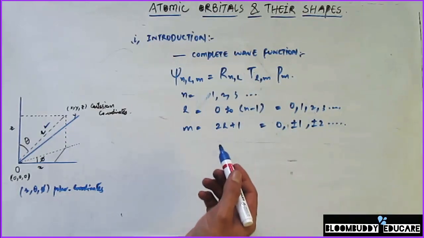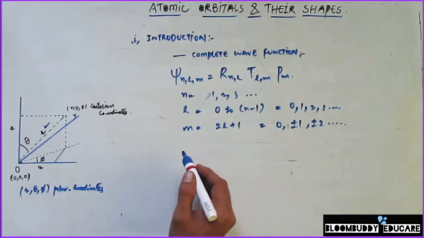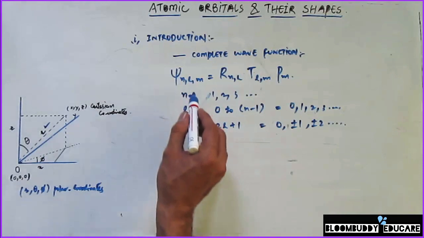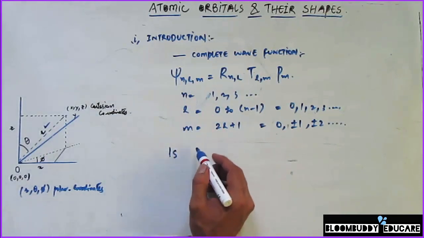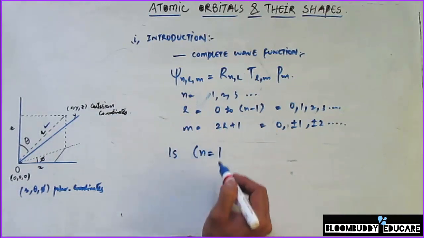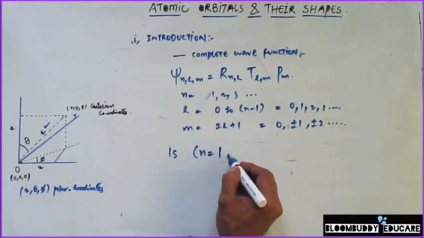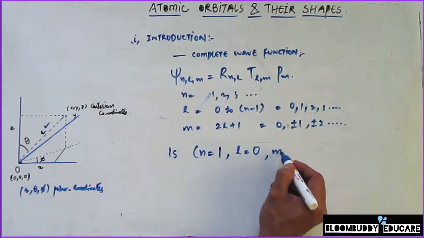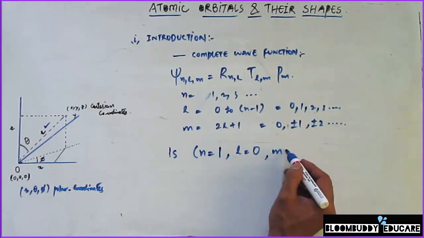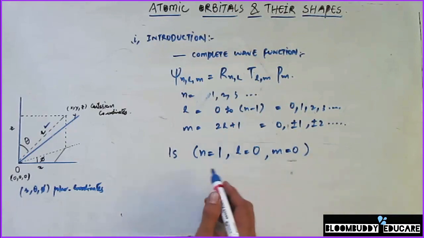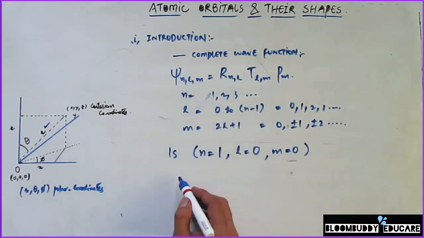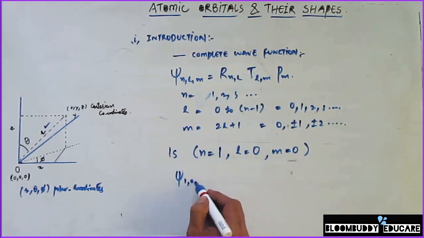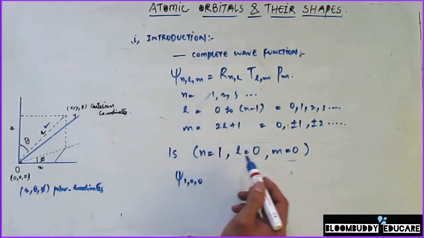So when I try to use these values for different orbitals, for example, if I have a 1s orbital and I try to solve this equation for the 1s orbital, I know that the principal quantum number n is equal to 1, the azimuthal quantum number l is equal to 0, and the magnetic quantum number, which gives the orientation of angular momentum, is also equal to 0. So in that case this equation becomes psi n l m, that is 1 0 0.